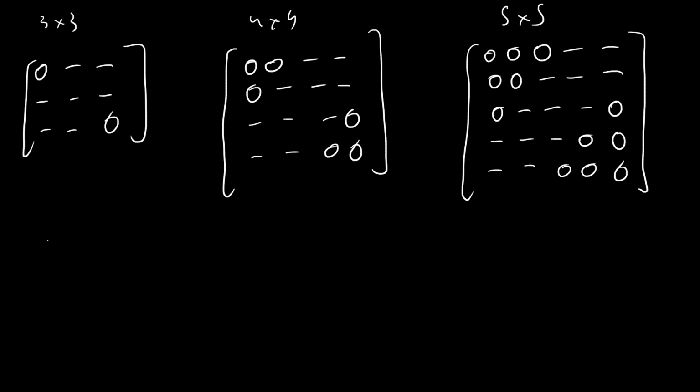Now for n being greater than 3, can you find any pattern for the zeros, that in a given matrix how many zeros are occurring?